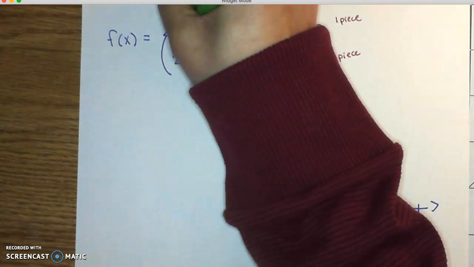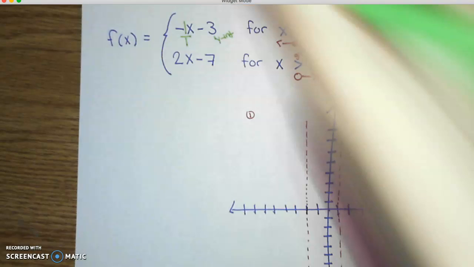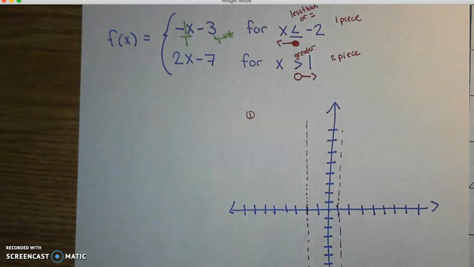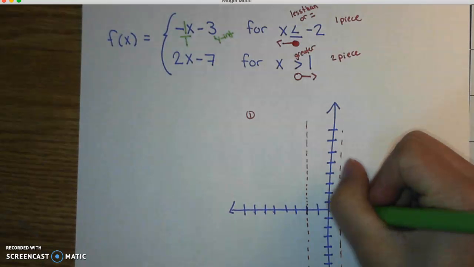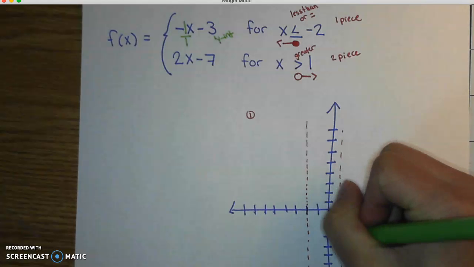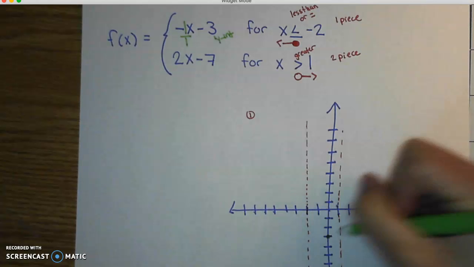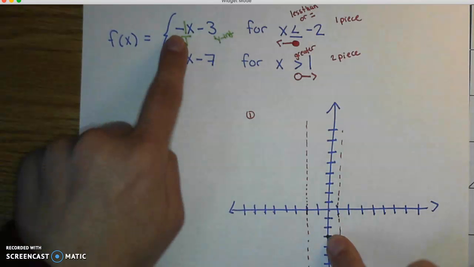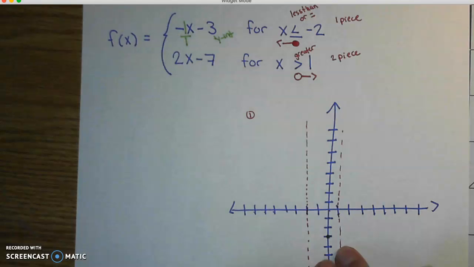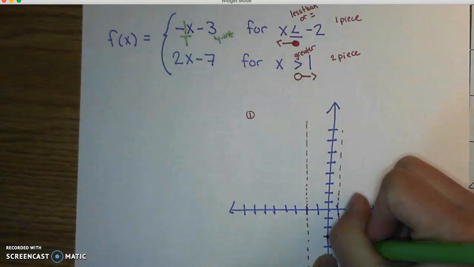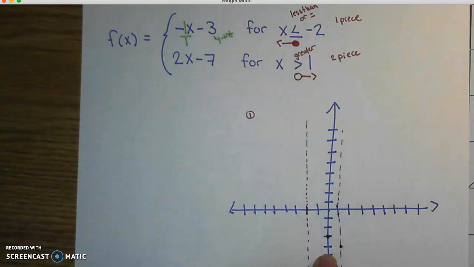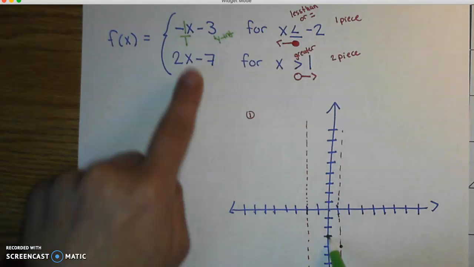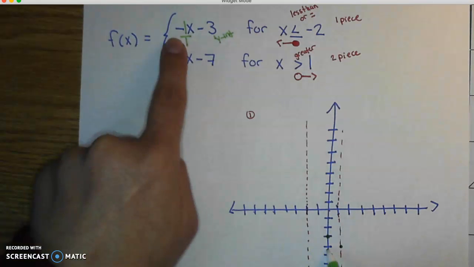And my slope is negative 1 over 1. So I'm going to begin at negative 3. 1, 2, 3. Right here. And my slope is down 1 over 1. I'm just going to make a little point. Do you see that? I went down 1, over 1.